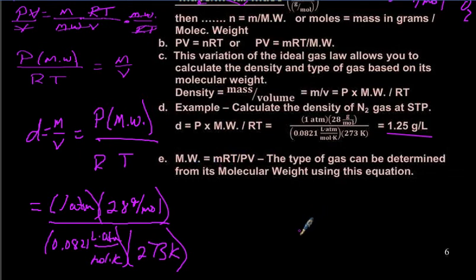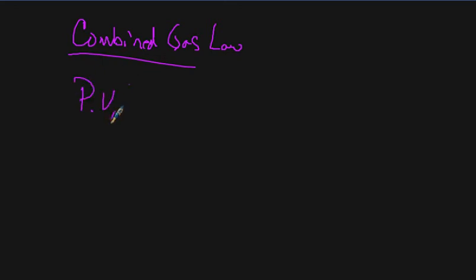So, one final thing that I want you to keep in mind is the ideal gas law versus the combined gas law. The combined gas law is P1V1 over T1 equals P2V2 over T2.